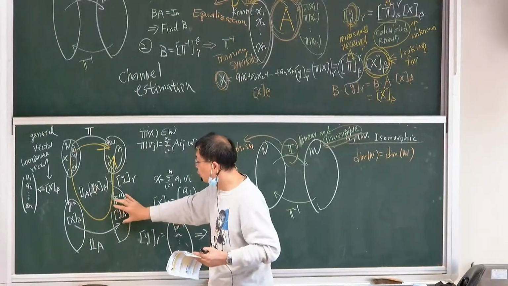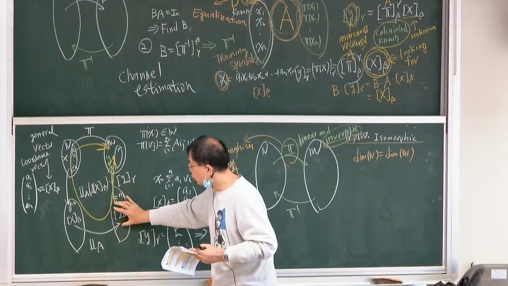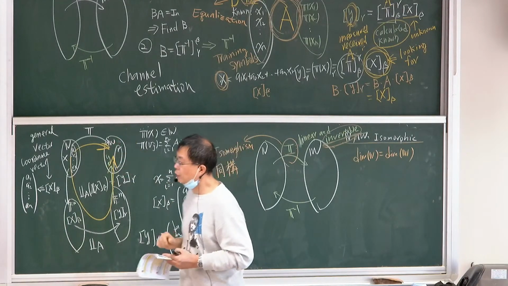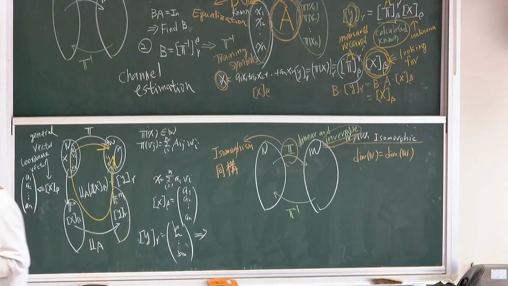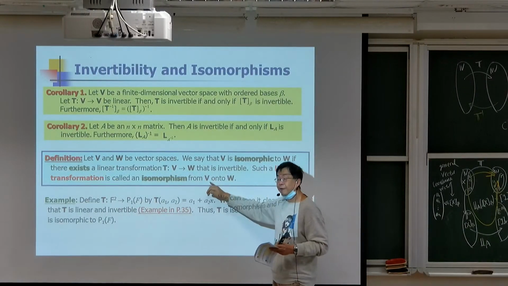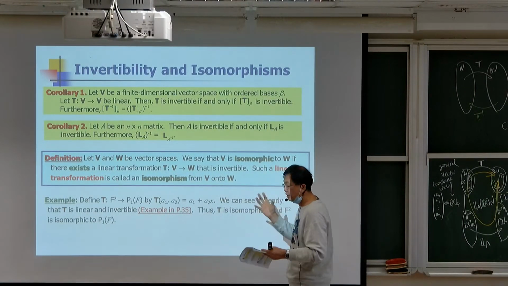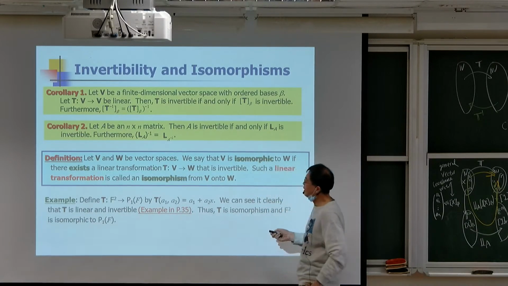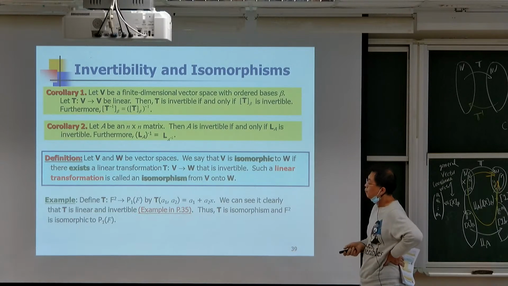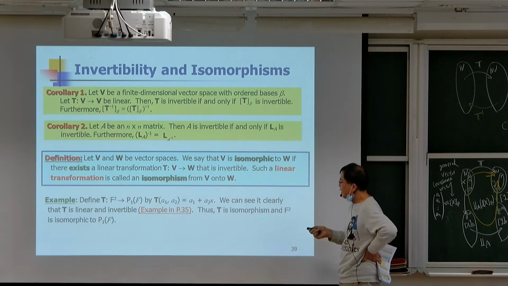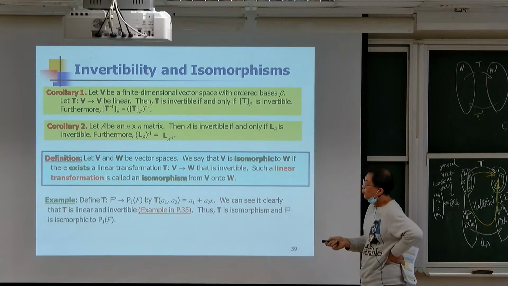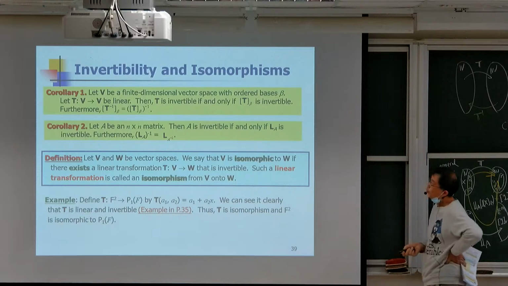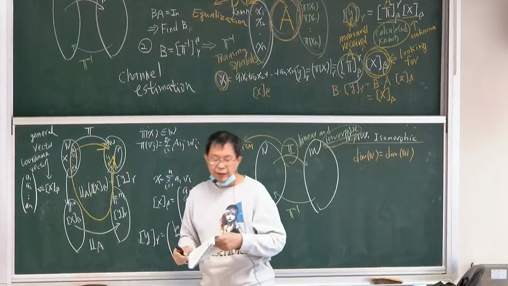We have the coordinate vector, and then we transform it back to the vector space W by using some kind of transformation. And this transformation is an isomorphism because they have the same dimension. It's easy to see that T is linear and invertible. Then T is an isomorphism, and F2 is isomorphic to P1F, the degree 1 polynomials. So we can learn it very easily.